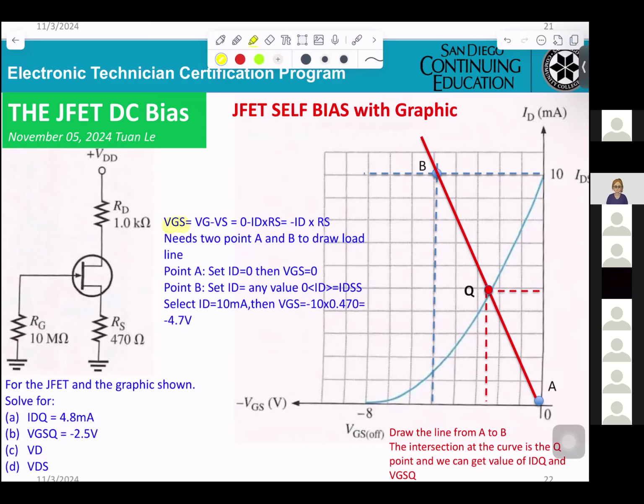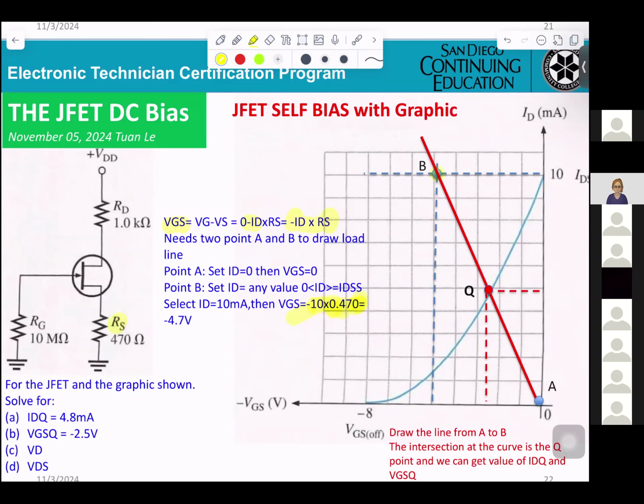So now you can calculate VGS equals minus ID times RS. When you select ID 10 milliamp, then VGS equals minus 10 times 0.470, which is the RS value right here.